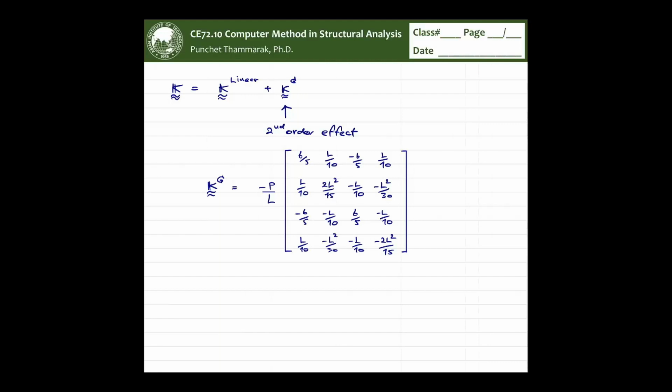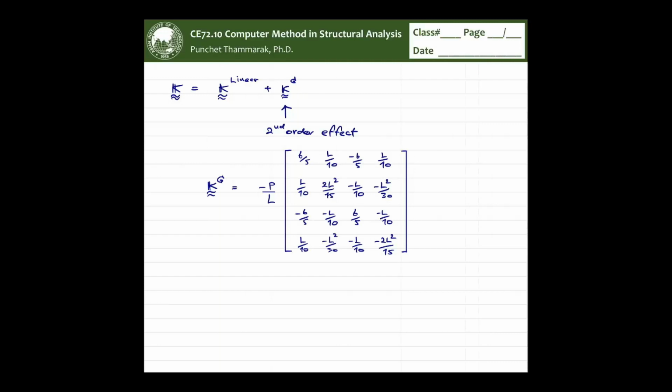So this part will be applied on top of the normal stiffness we had. And basically every single entry here is consistent with the entry in the linear stiffness. So for example, the 12 EI over L cube term. E is the unit of force per area, right?